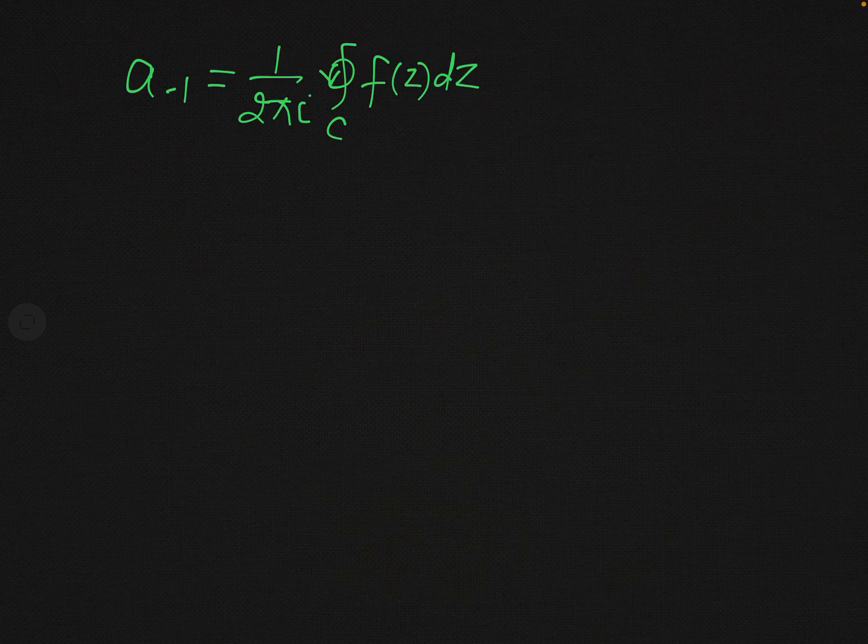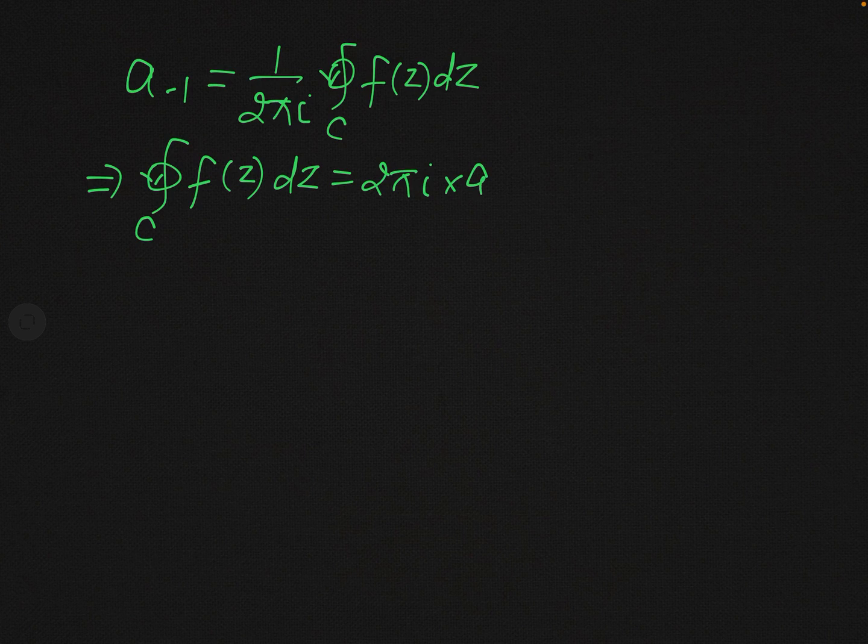In fact, in this expression, C means C1, C2, C3 and so on, Cn. And so from here we can see that the integral in anti-clockwise sense along C f of z dz is equal to 2 pi i into a minus 1. It means 2 pi i into the residue of the function f of z at its singular point.